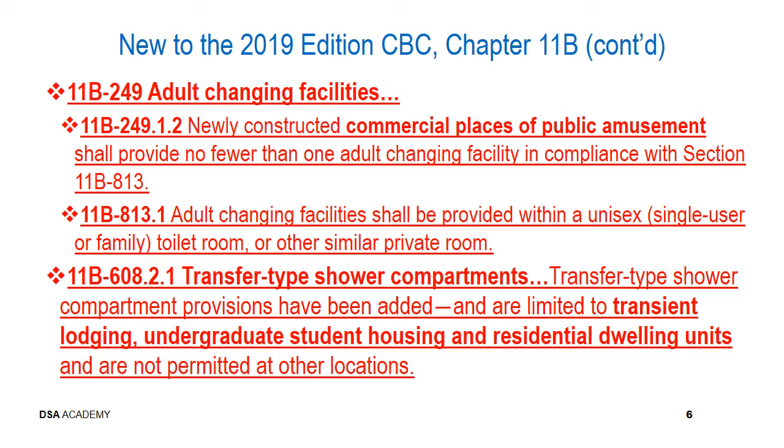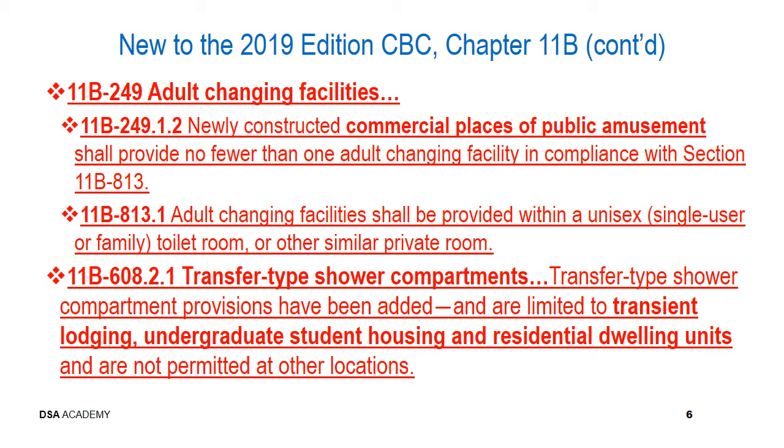The Division of the State Architect Access Compliance Unit is required at times to promulgate regulations due to statute. Section 11B 249, Adult Changing Facilities, is one of those instances where the regulations were promulgated due to statute.